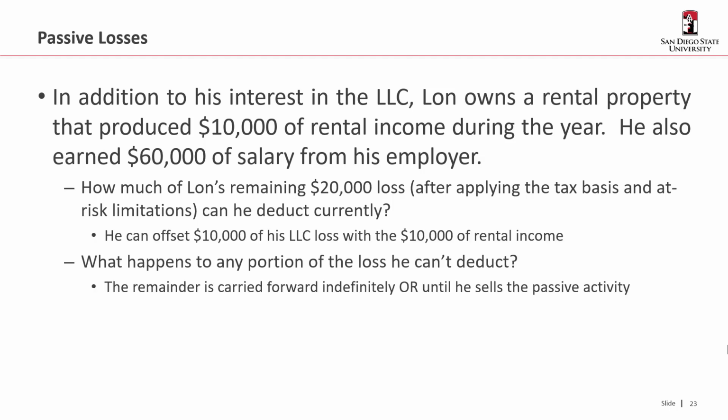And the answer is he can offset $10,000 of his LLC losses with the $10,000 of rental income. So he actually nets to zero, but he uses $10,000 of that passive loss. The portion that he can't deduct, of course, is carried forward or suspended indefinitely or until he sells that passive activity.